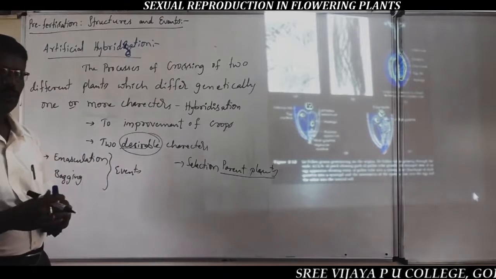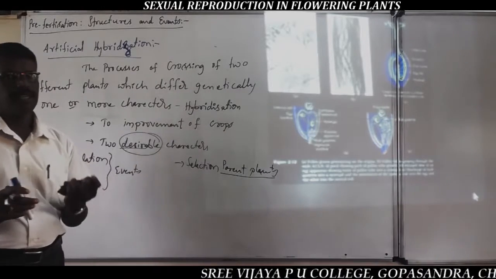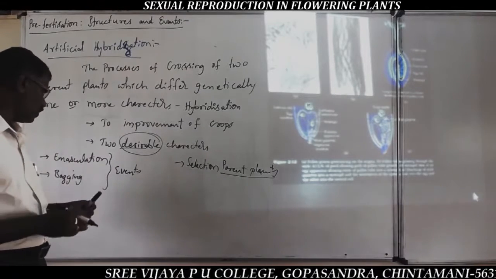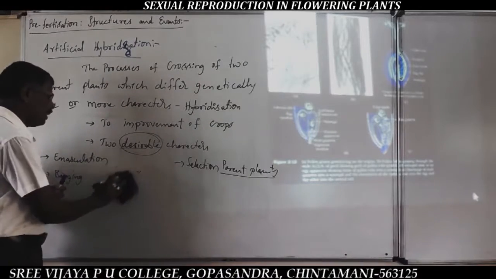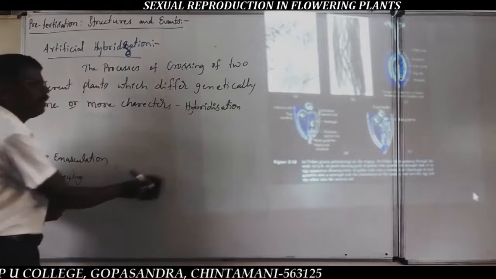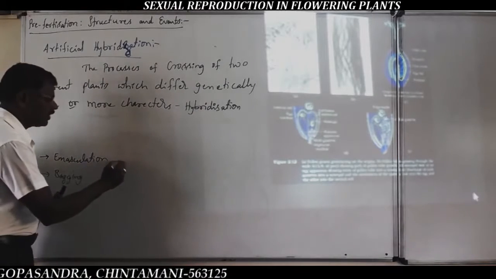While selecting the two parents, one acts as the male parent and the other as the female parent. In this process, the two events, emasculation and bagging, are very important for success.